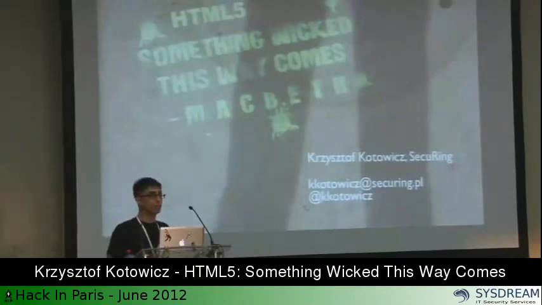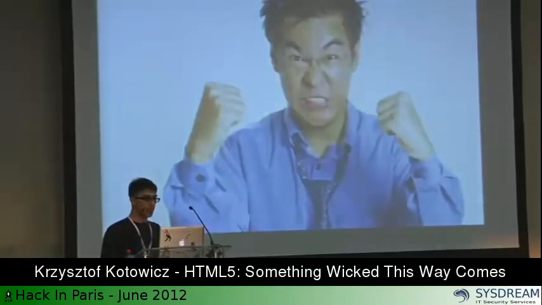They can also use the new APIs like, I don't know, drag and drop API, file API, WebSockets, offline web applications, and all those new HTML5 elements to actually make an evil website, an evil web application to harm the users. And I'm going to describe some example techniques that the attacker can use to actually perform some malicious activities.